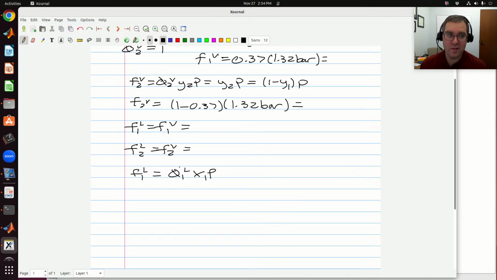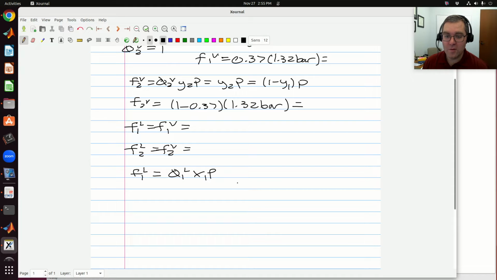We're told the vapor phase is an ideal gas, so Phi1V was equal to 1. But we can't assume the fugacity coefficient of the liquid is also equal to 1, because my liquid's not an ideal gas. If it was, I'd have F1V equal to F1L, and with the fugacity coefficient 1 in both cases, it must be that Y1 is equal to X1, which I don't have. So I know Phi1 isn't going to be equal to 1.